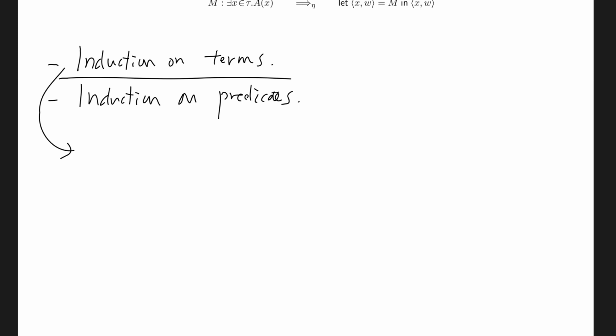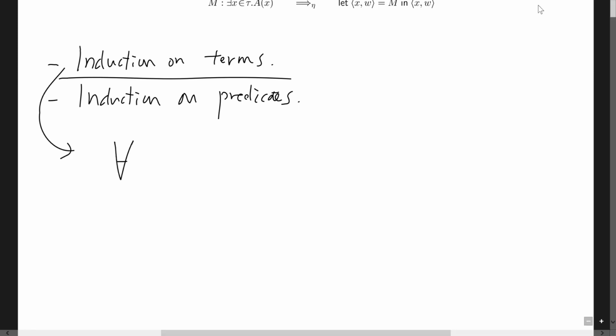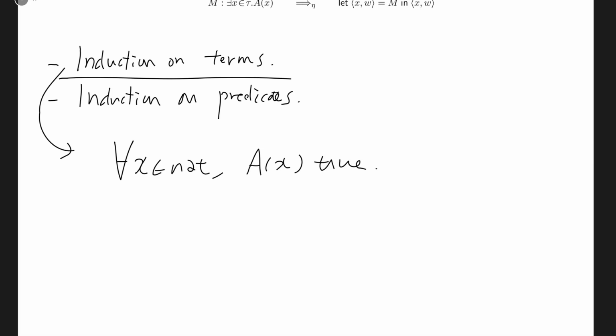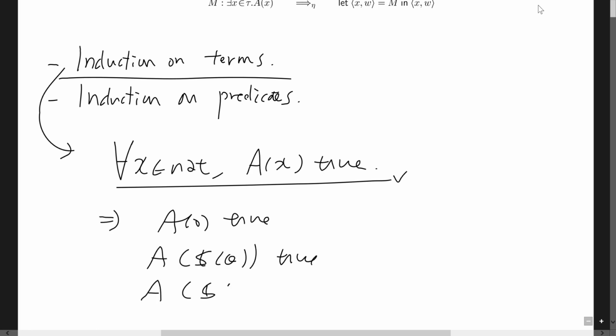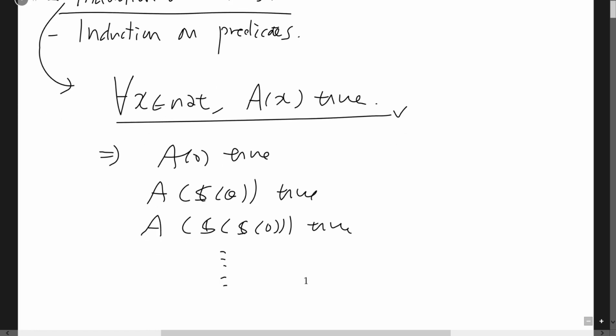To see why, let's consider this problem. We'd like to show that for every natural number x, A of x is true. Because we don't have any way to apply induction at the moment, in order to prove this property, we have to show that A of 0 is true, A of successor of 0 is true, A of successor of successor of 0 is true, and so on and on.